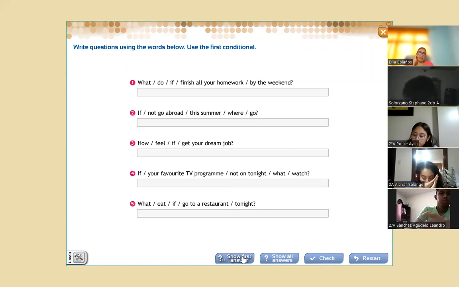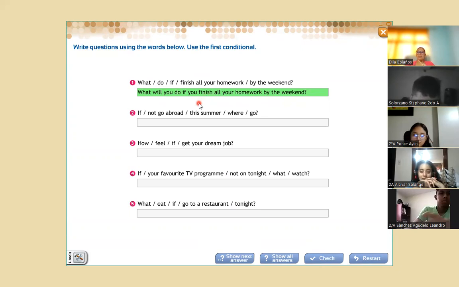What is the question now? What if you finish all your work by the weekend? Are you sure? Remember, what will you do? Remember the structure of the first conditional. You said will, the principal verb, if, and the next part is going to be in present simple tense.